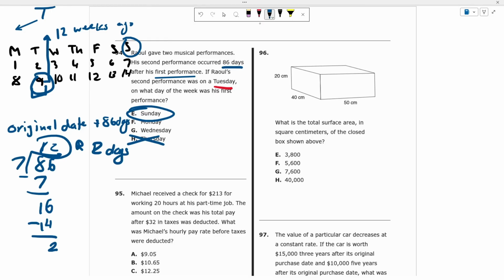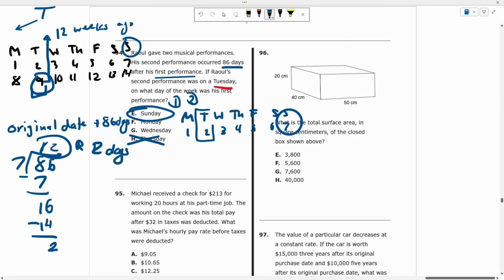And this would make sense because if you think about this, Monday, Tuesday, Wednesday, Thursday, Friday, Saturday, and Sunday, for example, 1, 2, 3, 4, 5, 6, 7. If his first performance was on a Sunday, right? And we know that 86 days passed. 2 days from Sunday is going to be, well, this is 1 day, and this is 2 days.